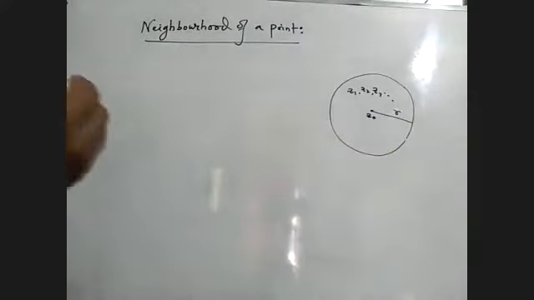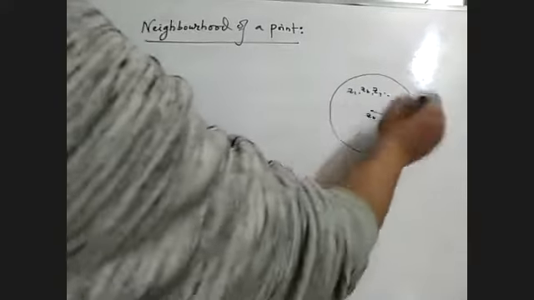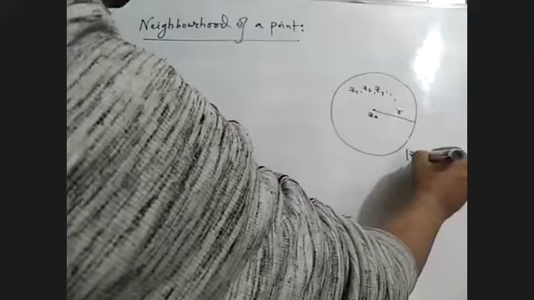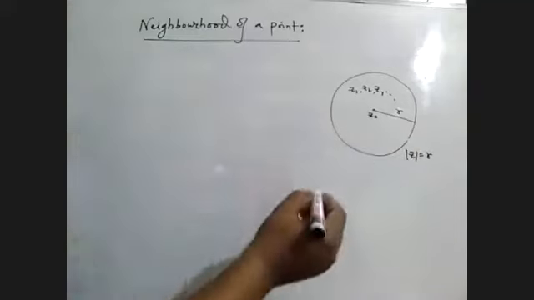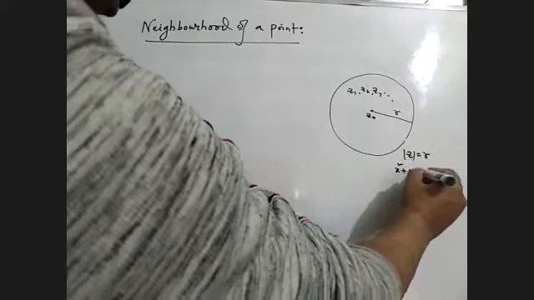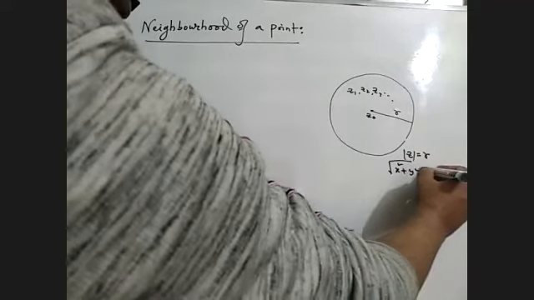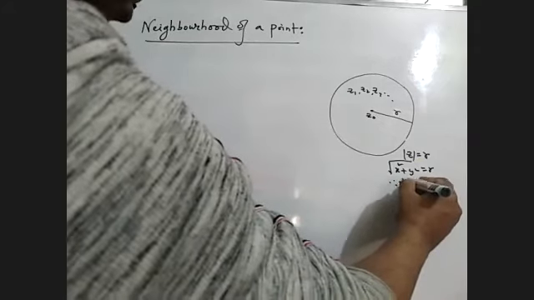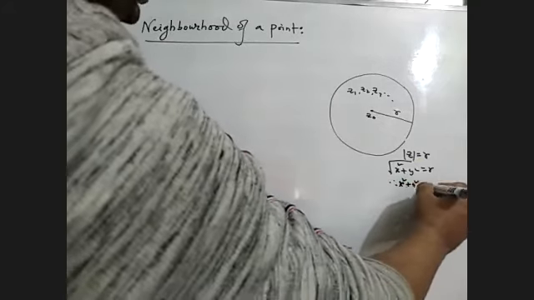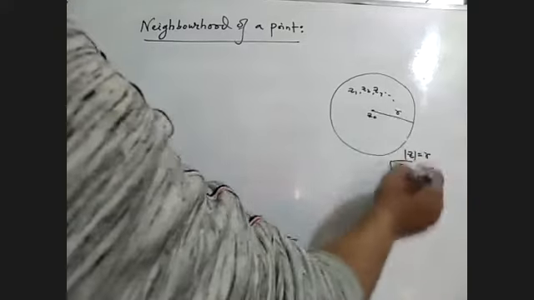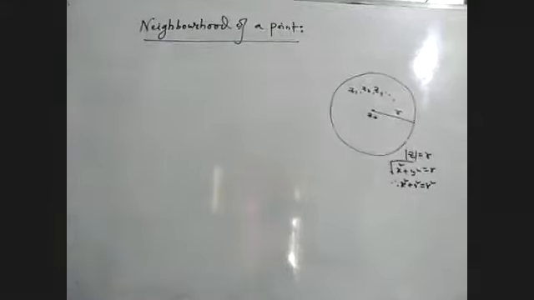Remember it. So the equation of this circle will be what? Modulus of z equals r. You must know modulus equals what? Square root of x square plus y square equals r. Therefore, the equation of the circle will be x square plus y square equals r square. That means (0, 0) is the center, and the radius will be r.